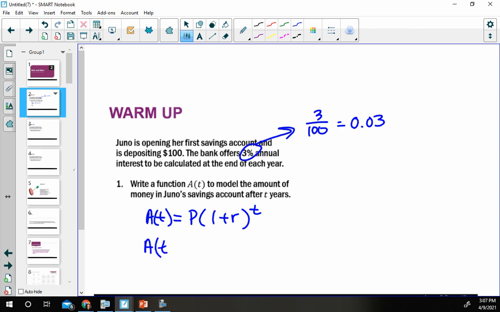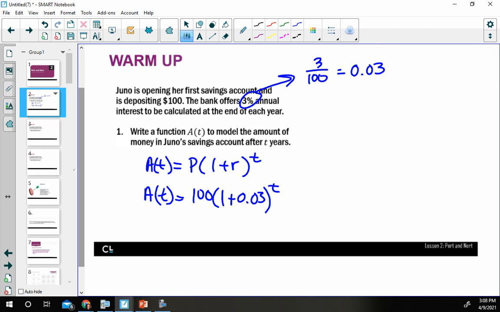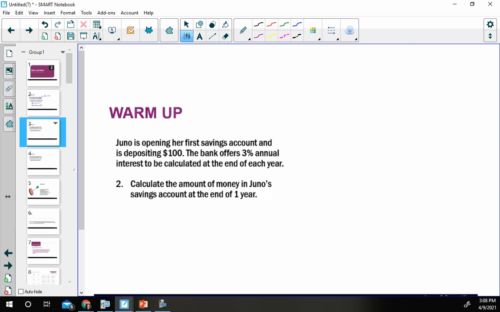So the amount of money after that time: my principal is my starting amount, so $100. I'm going to do 1 plus that percentage, to the power of that time. If you want to add that 1 plus 0.03, you're more than welcome to. So calculate the amount of money after 1 year. After 1 year, we have that $100, times 1 plus 0.03 to get me above that 1 as my base, and then we put in our time, which is 1 year.